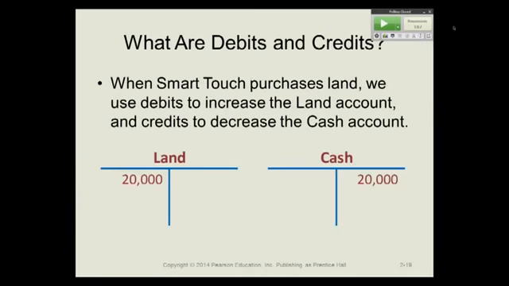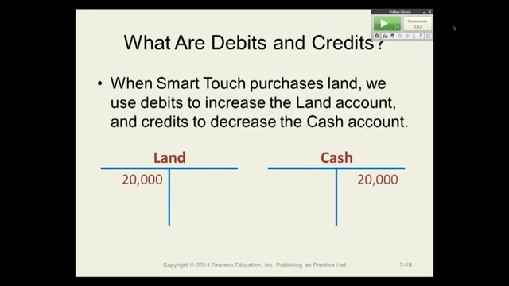All right, so now, as I said, for Smart Touch Learning, when they bought the land, they would debit the land account and credit the cash account. So basically what happened, just translating this now, if you took assets, liabilities plus equity, you had cash, and then land.